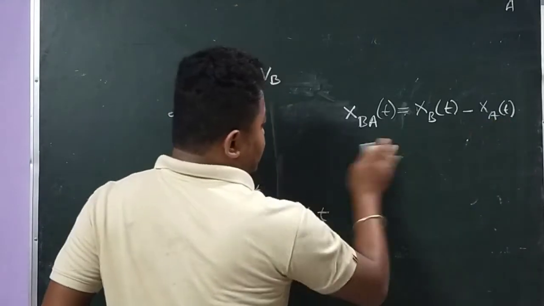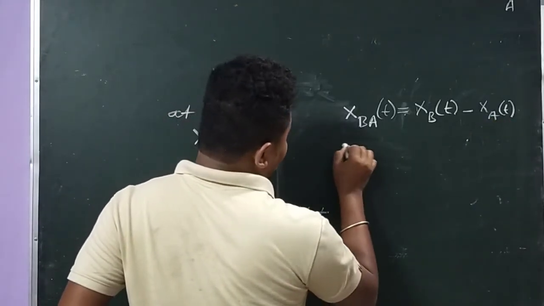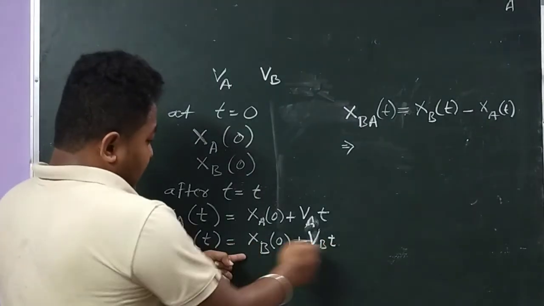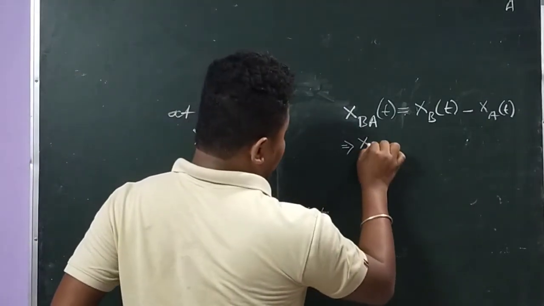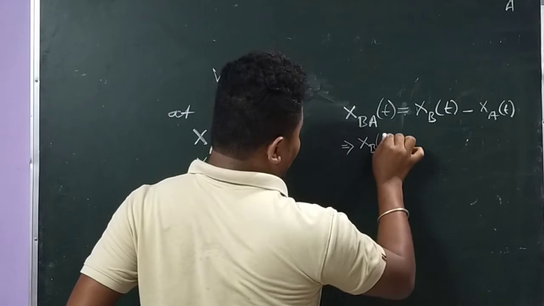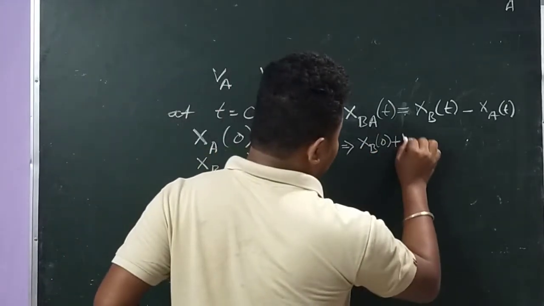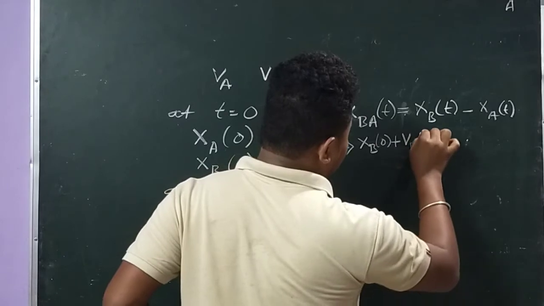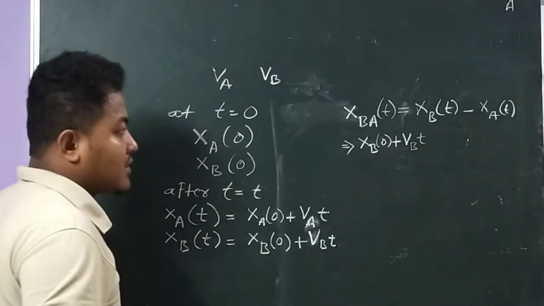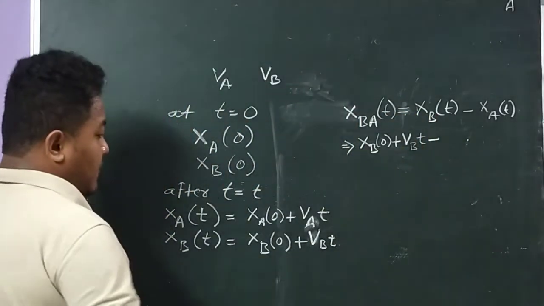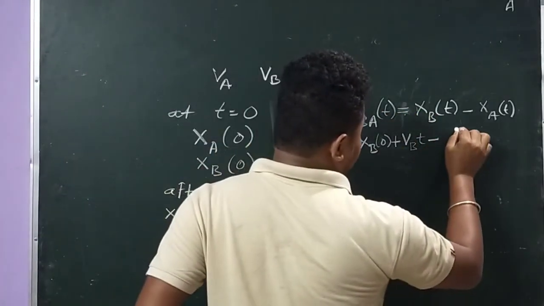So these things if I put here, what is this XBT? XBT means this part, XB0 plus VBT. Is that clear? Minus XAT.